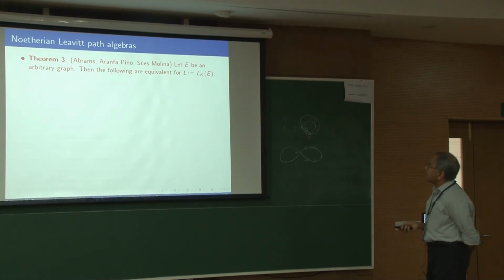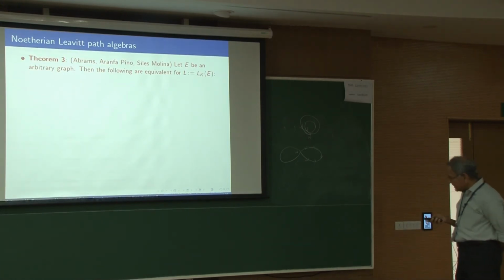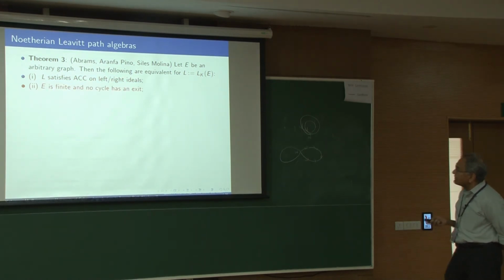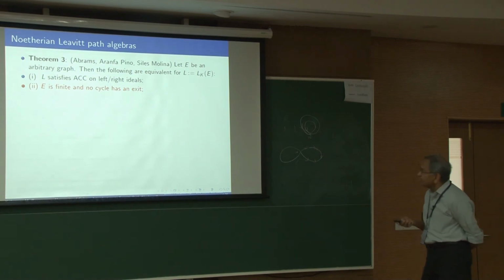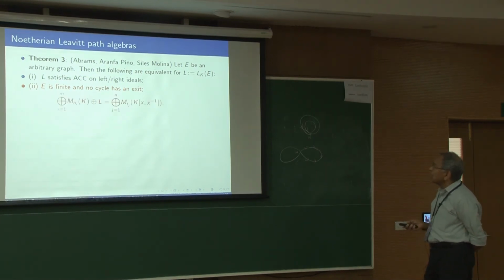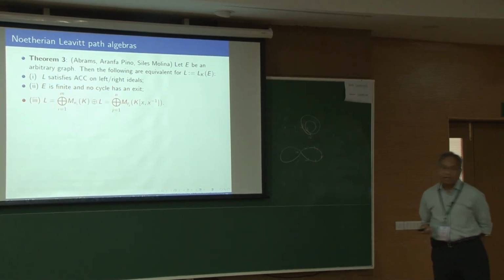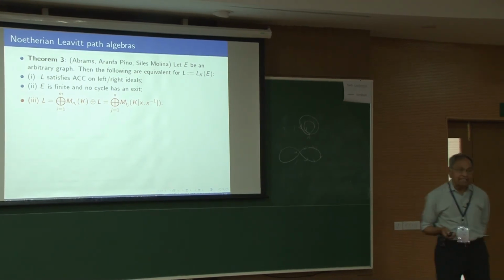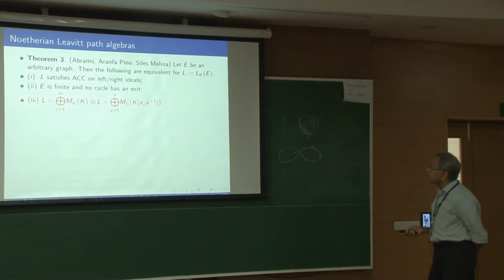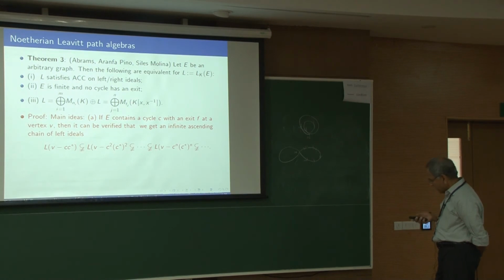Likewise, if it satisfies the ascending chain condition, again it works out easily. Namely, in that case, the graph must be finite, that we know already, and no cycle in this graph can have an exit. Why so? I'll just point out the main idea and give the references so you can look them up later.